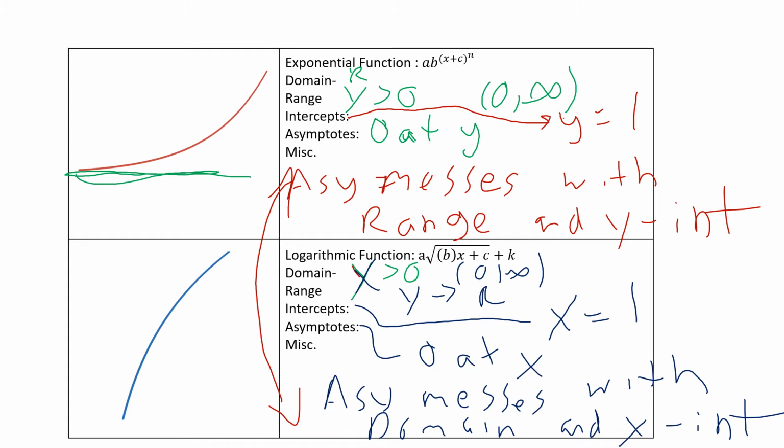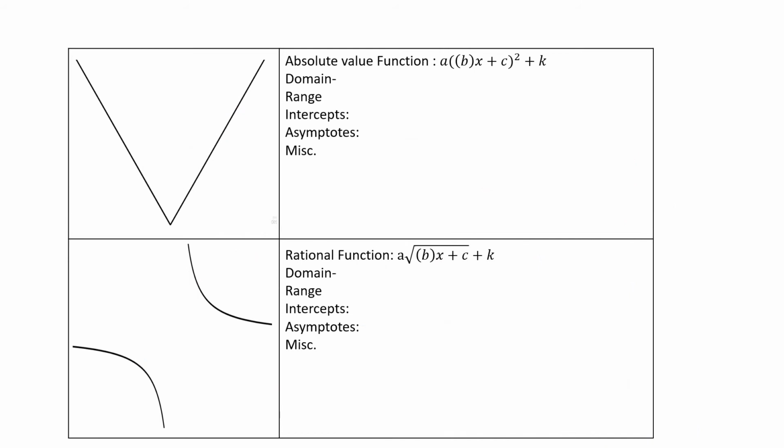All right. Woo! We made it to our last two functions. These are easy though, except for the rational functions. So let's talk about the absolute value function. Guess what?